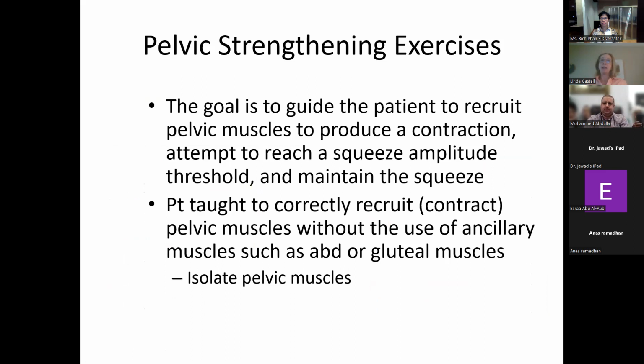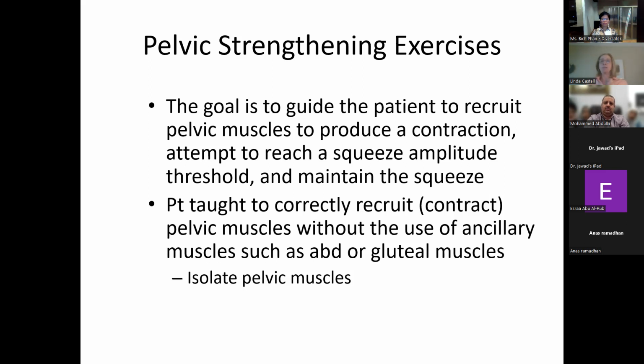Okay, so to get into the protocol, our goal with the pelvic strengthening exercises is to guide our patients to recruit their pelvic muscles, so their external anal sphincter and their puborectalis muscle, to produce a contraction, a squeeze. And we want them to try to squeeze and maintain that squeeze. So we coach them to contract that muscle while they're watching the screen.